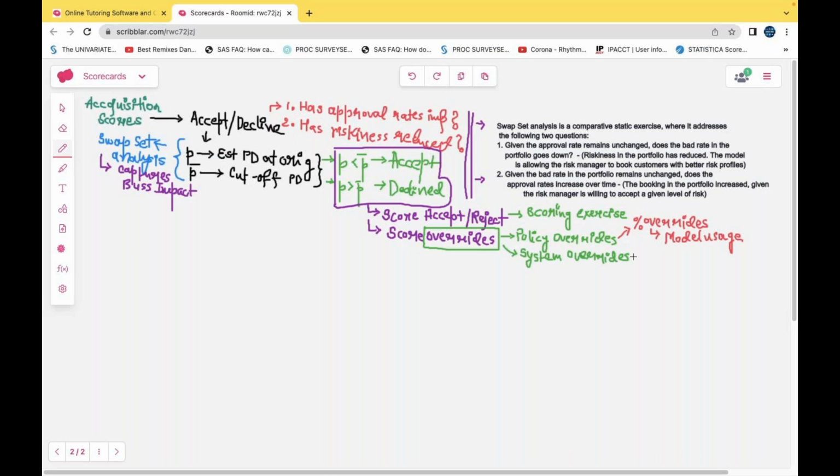Limit assignment and product pricing. So we'll talk about the product pricing and the limit assignment. Now when you are assigning the limit, there is a whole set of factors which will enter into this, because from here the acquisition strategies would begin.